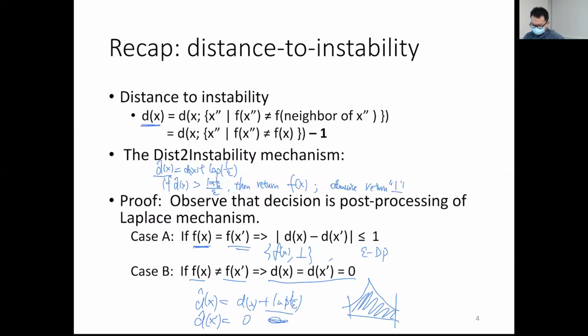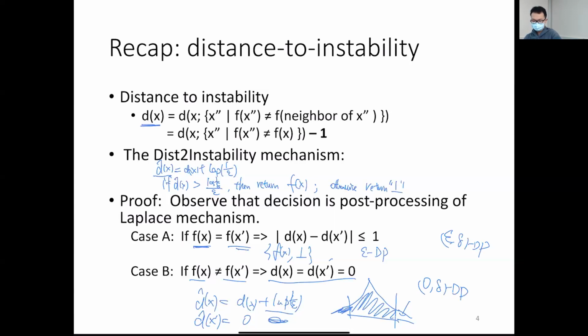Only when the tail event happens do we run into something bad, which would lead to the identification of whether the output is coming from x or x prime, because f of x and f of x prime are different. The point is that this happens with very small probability, so this is a delta DP. Overall, for some pairs of neighboring data sets we have pure DP, and for other pairs we have delta DP. So altogether, this is epsilon-delta DP.